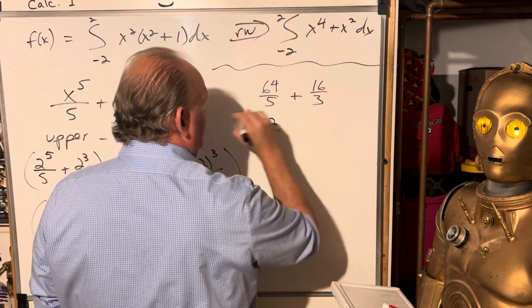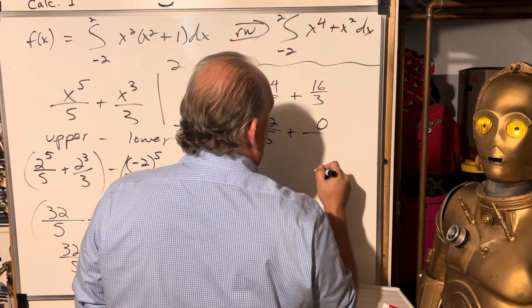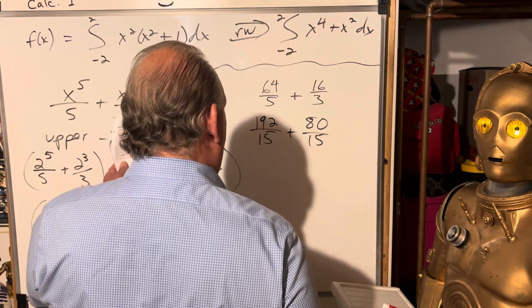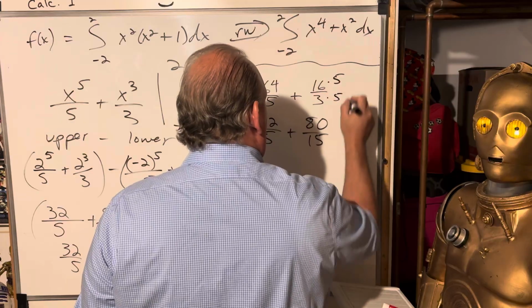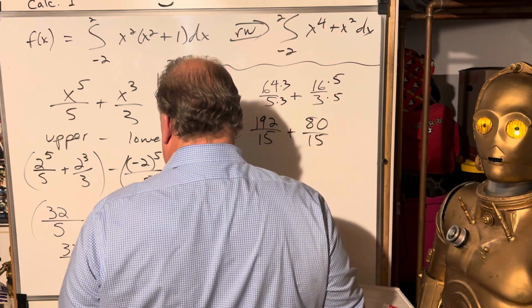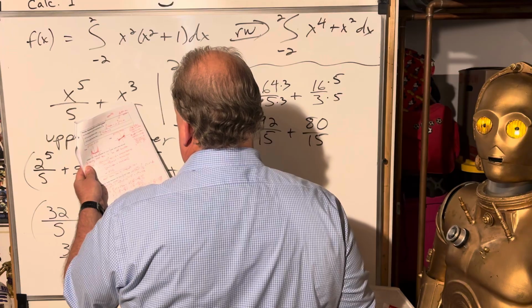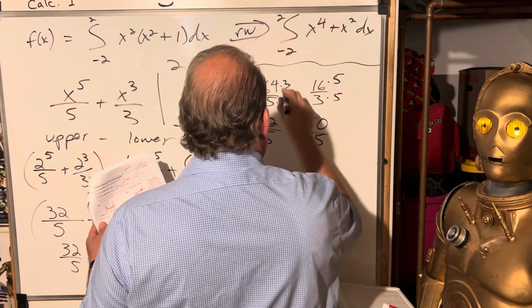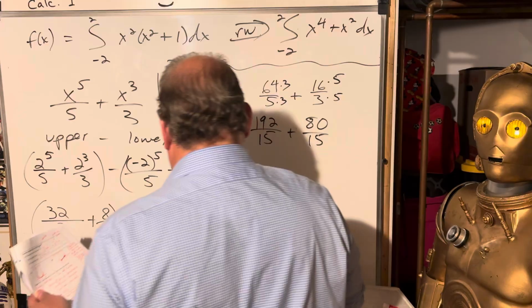Let's work out the common denominator. Oh, wait, there's supposed to be a 5 there somewhere. Did I mess that up, 16/3?